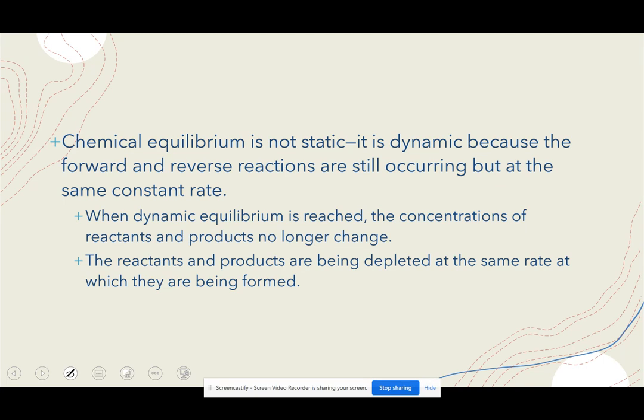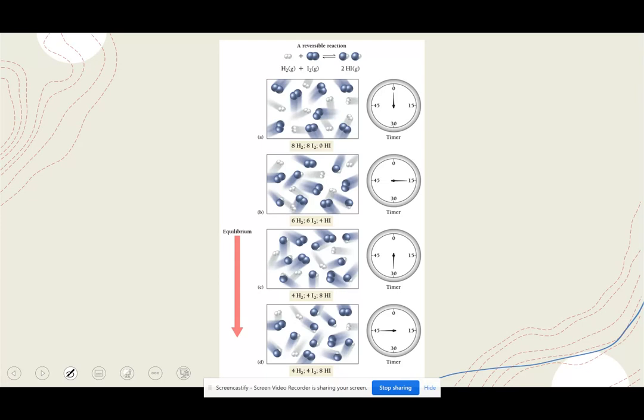So you can see here in this picture, at the beginning, at 0 seconds, we have 8 hydrogen, 8 iodine, and 0 HI. After 15 seconds, the reaction has begun, and now we've turned some of that reaction into product. We have 6 hydrogen, 6 iodine, and 4 HI.